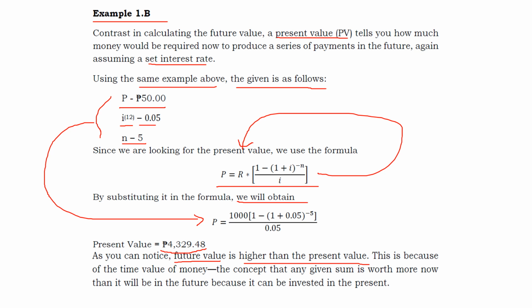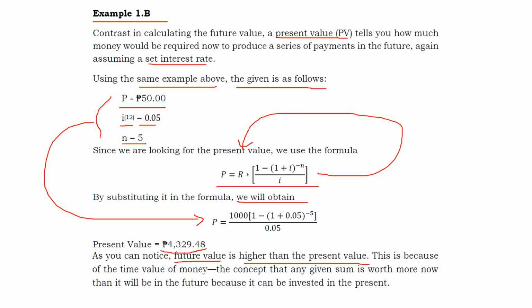There is no such thing that your present value is greater than your future value, because by the definition, your future value is equal to your present value, or your principal, plus the interest applied to it.